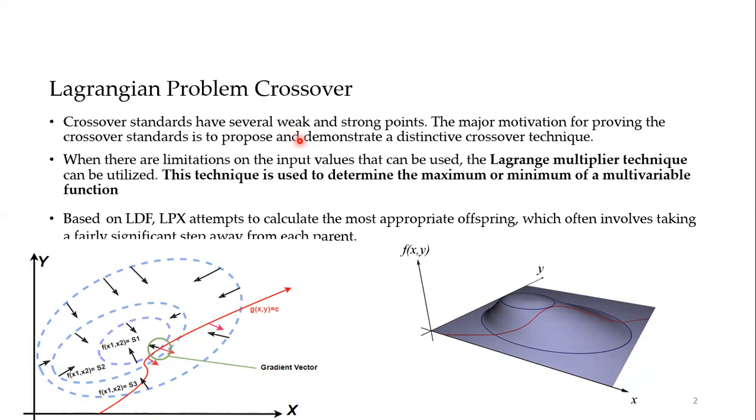Crossover standards basically have several weak and strong points, and we mentioned them. The major motivation for improving the crossover standards is to propose and demonstrate a distinctive crossover technique, which in this paper is called the Lagrangian multiplier technique.